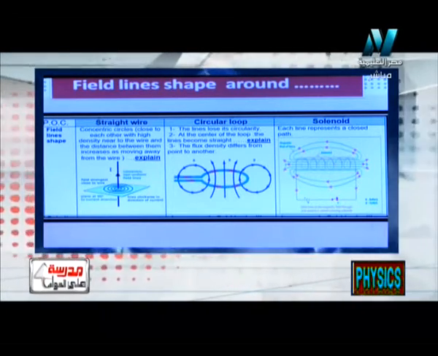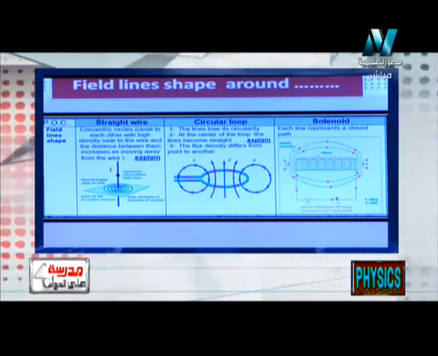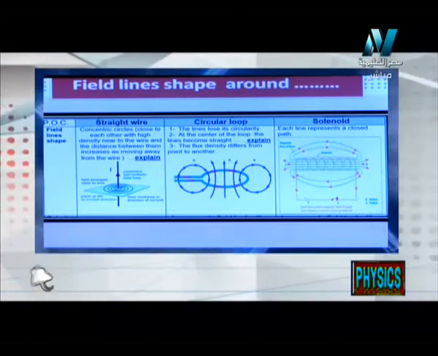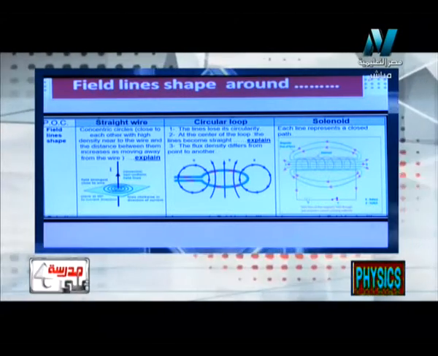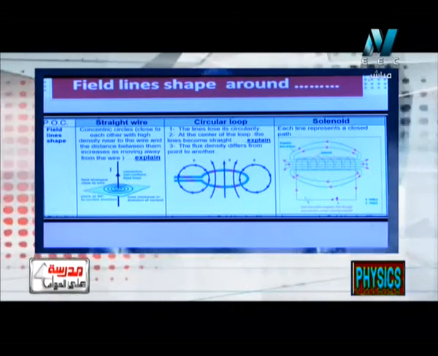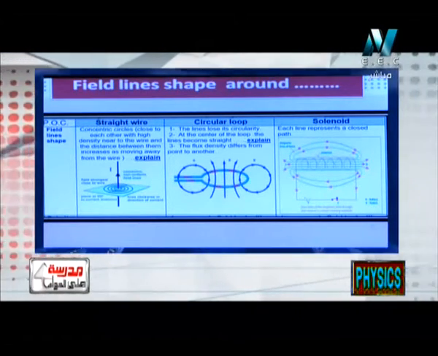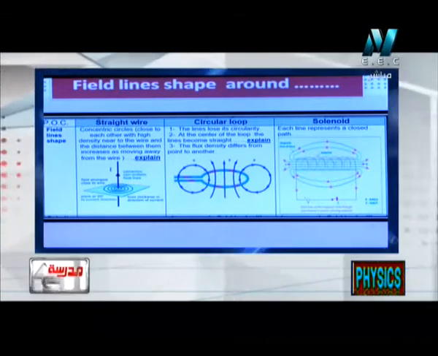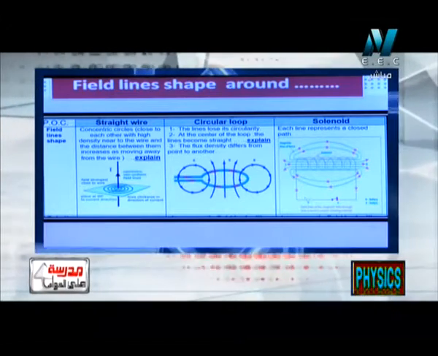What are the differences between the magnetic field shapes around a straight wire carrying a current and a circular loop carrying current? Around a straight wire, the magnetic flux lines are concentric circles, crowded near the wire, and the distance between them increases as we move away from the wire.